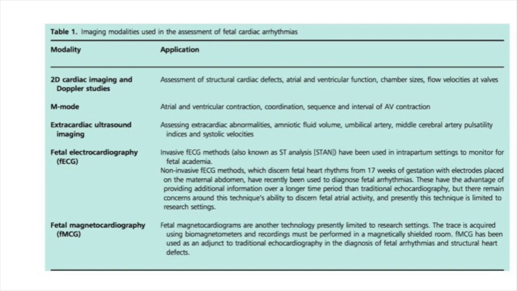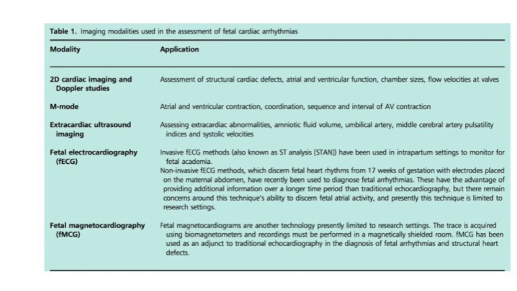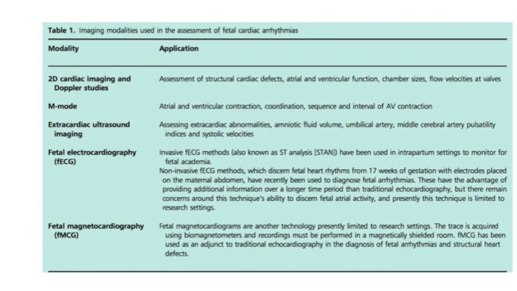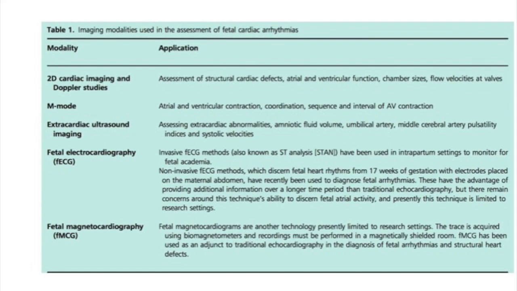Okay, this then gets us onto a nice green box where we look at imaging modalities used in the assessment of fetal cardiac arrhythmias. So the first modality is 2D cardiac imaging and Doppler studies. Application of this is assessment of structural cardiac defects, atrial and ventricular function, chamber sizes, and flow velocities at valves.